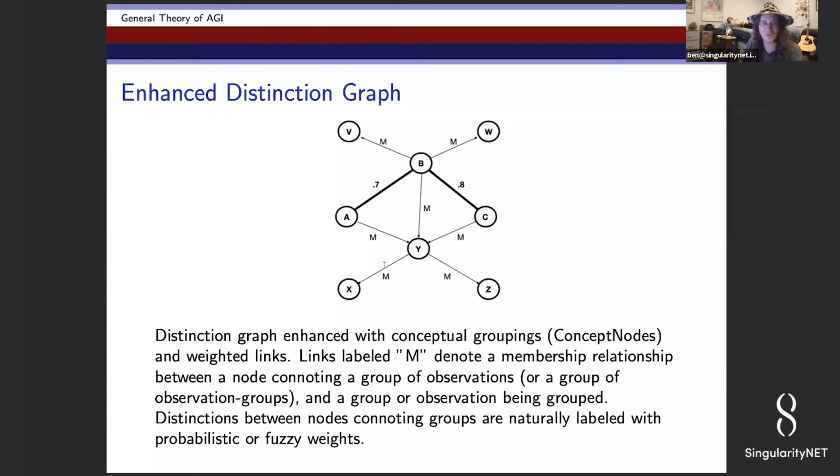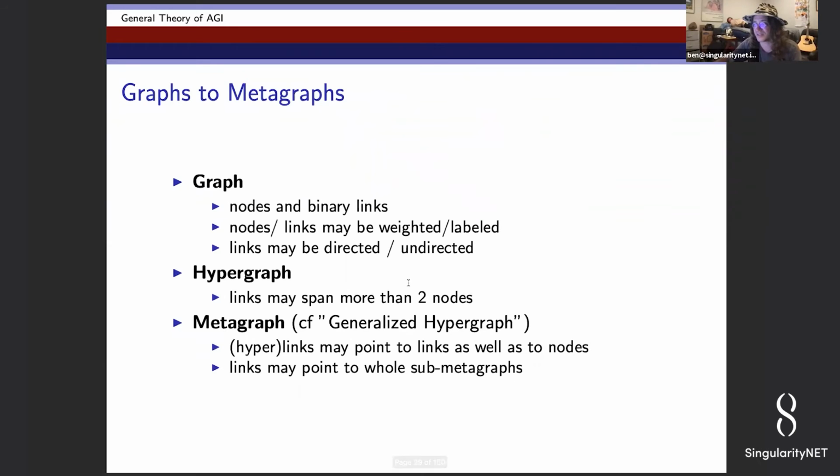Then you can have a weight, and you can have partially distinguishable concepts, but this is built on the underlayer of the underlying distinction graph. Then you can build more complex graph structures on top of these. And this is important in terms of AGI, because I think graph structures and their derivatives are important both for describing AGI systems and analyzing them, and they can be a valuable core representation to use in building AGI systems.